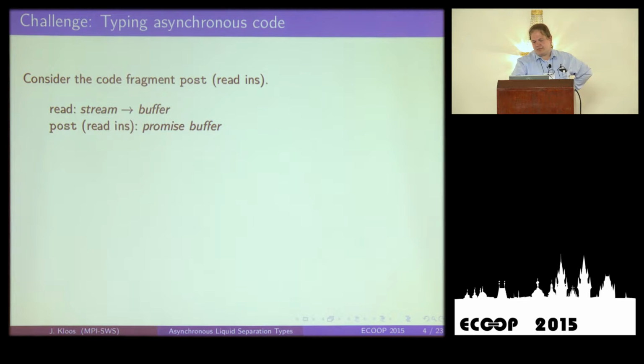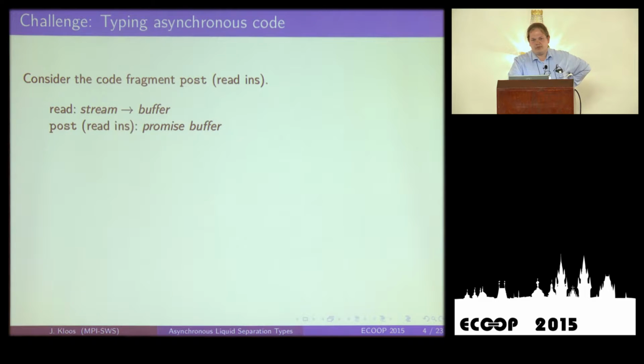In that case, we could type the whole thing as returning a promise to a buffer, where a promise is, as usual, something that says, as soon as this fragment of code is executed, you can basically wait for the result of this execution. It's the future or promise or whatever you want to call it.